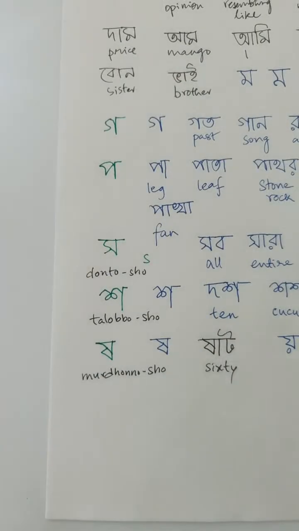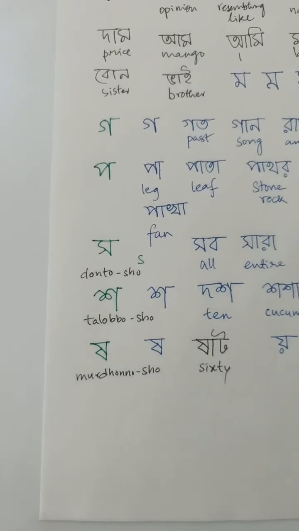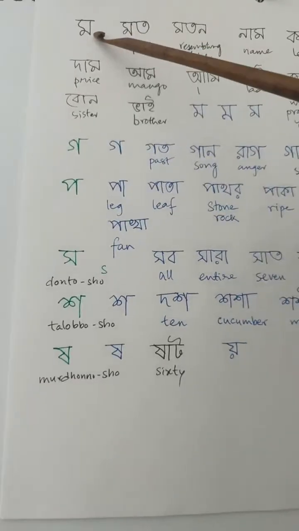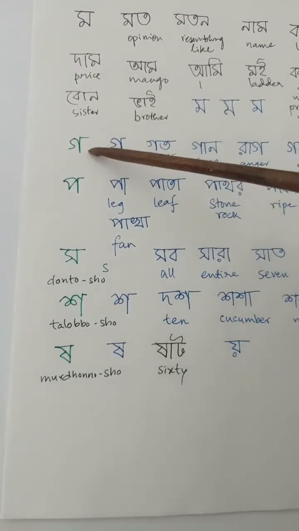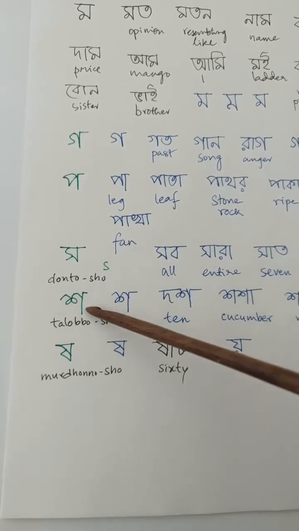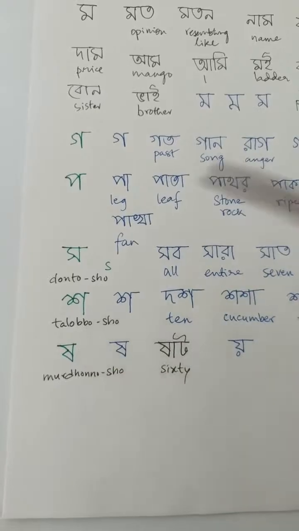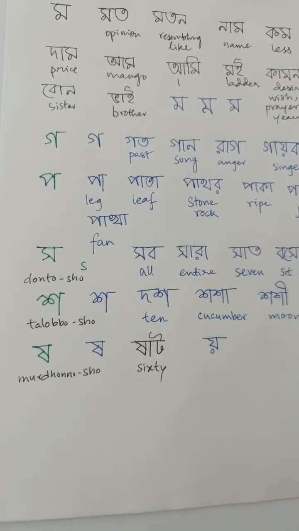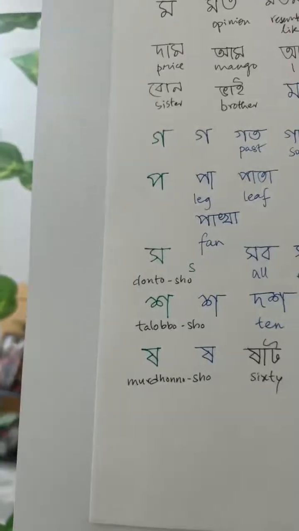Alright. So today we had so far Ma, Ga, Pa, Danta Sha, Talaba Sha, Murdhana Sha, and these many words. Okay.